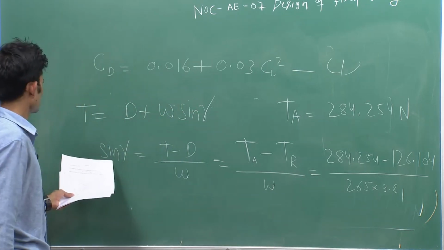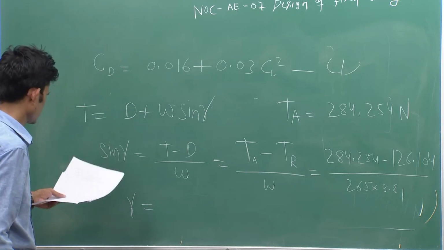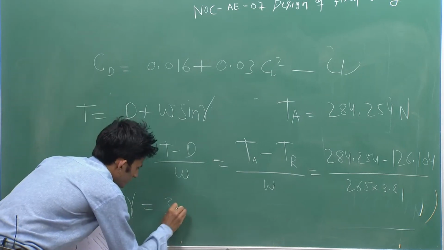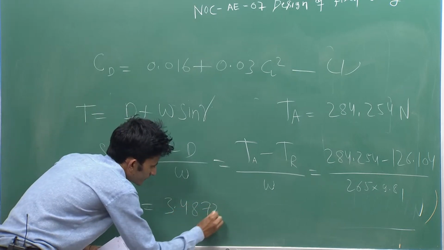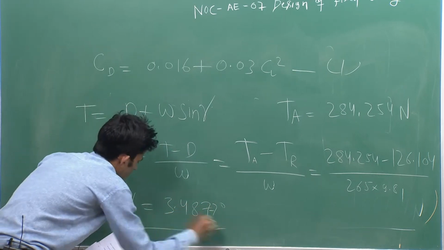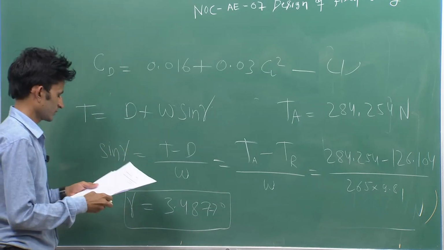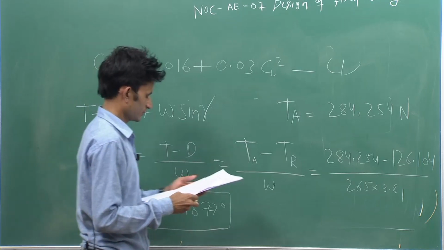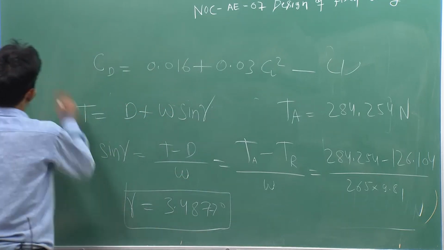When you take the inverse on both sides, you will get gamma equal to 3.4877 degrees. Here gamma is the climb angle.